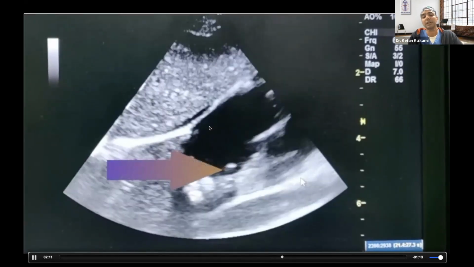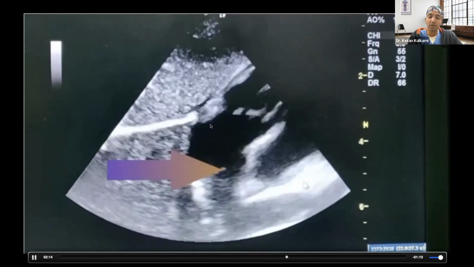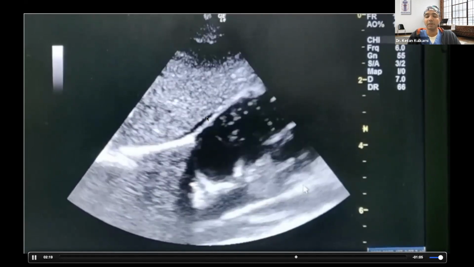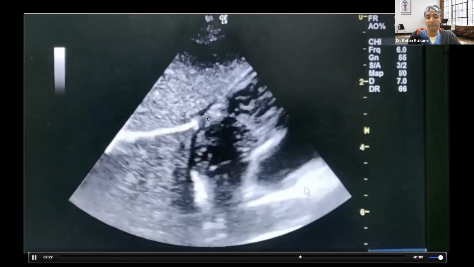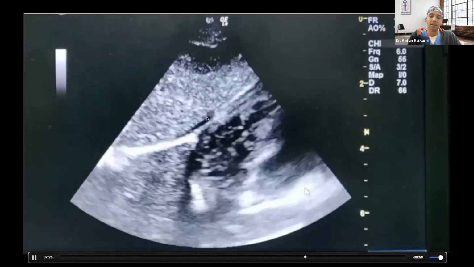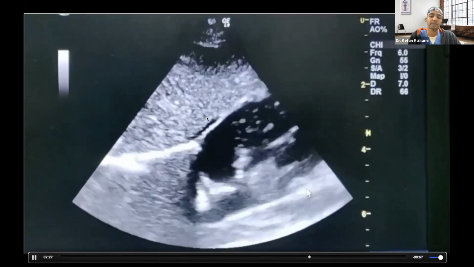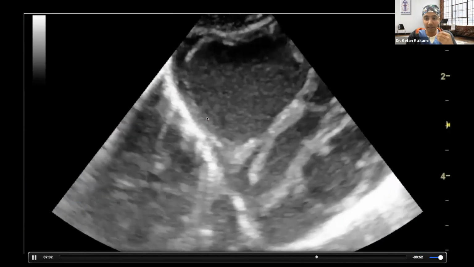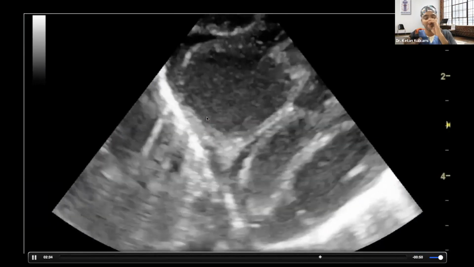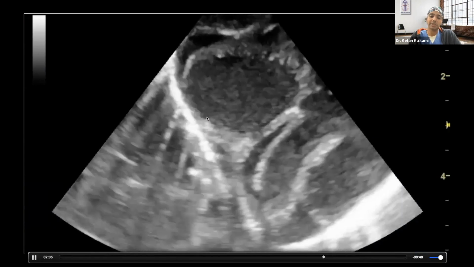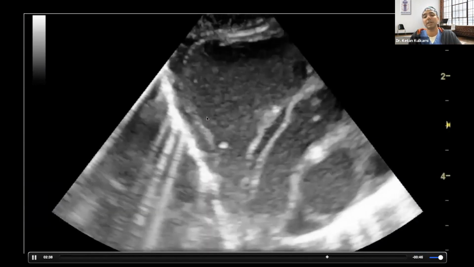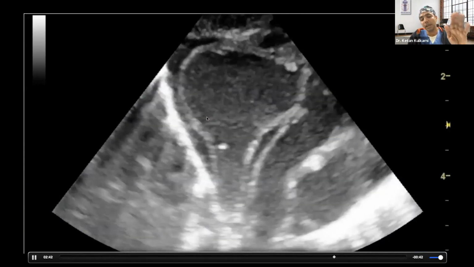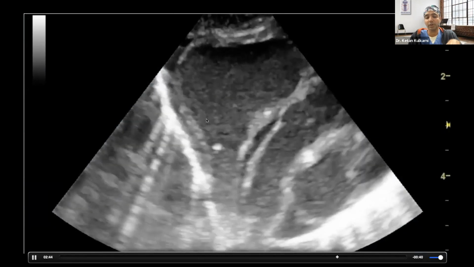So this is in another patient. You can see something is floating in the SVC. Is it a shaft or tip? You will see here. And again, as we got experience in getting this subcostal 4-chamber view, we improved in our image acquisition skills, and you saw how this is much better than what it was in the previous 2 patients. So again, nice right atrium, SVC you can see.